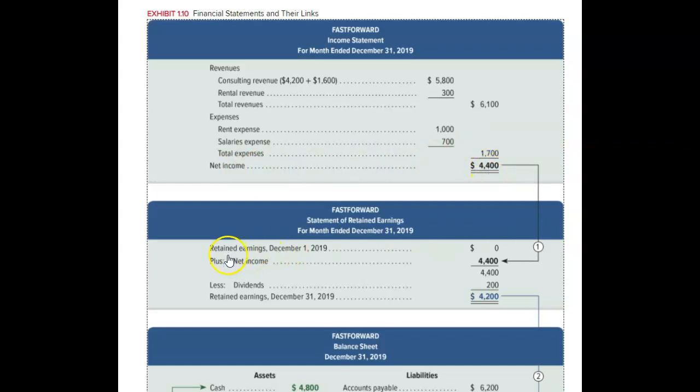So by saying plus net income on our statement of retained earnings, we're doing the same thing as increasing retained earnings by revenue and decreasing it by expenses. So to prepare a statement of retained earnings, we need to record our beginning balance of retained earnings plus net income and get a subtotal less dividends to calculate our ending balance of retained earnings.